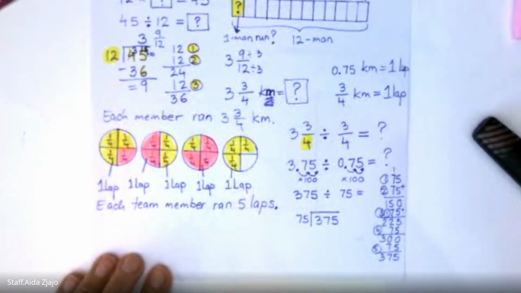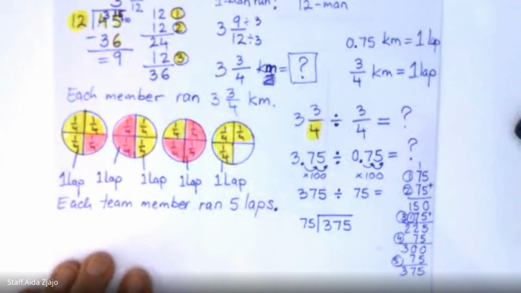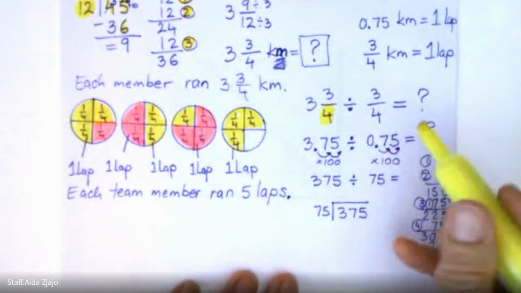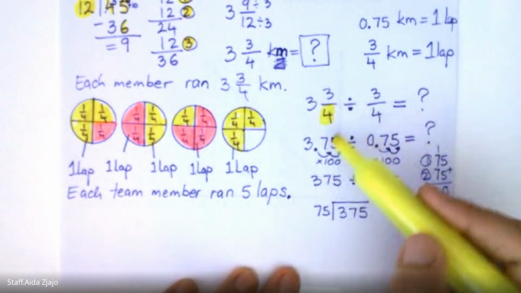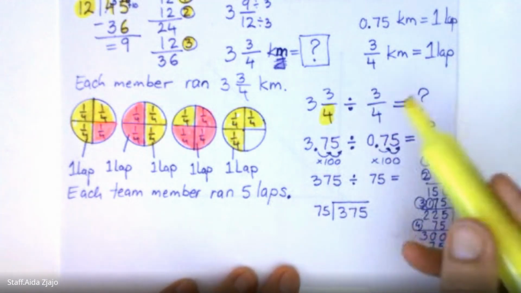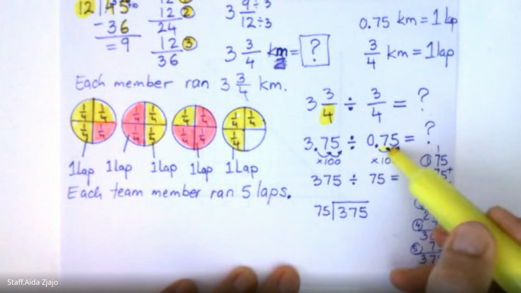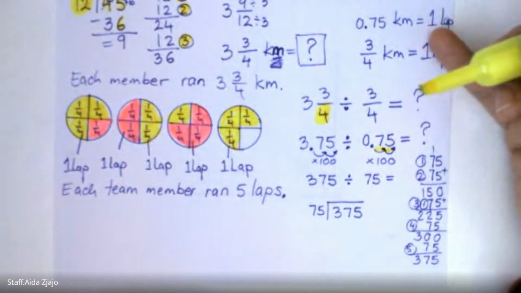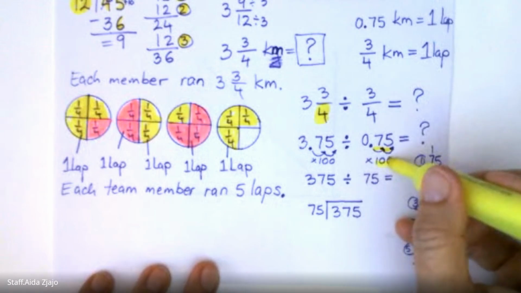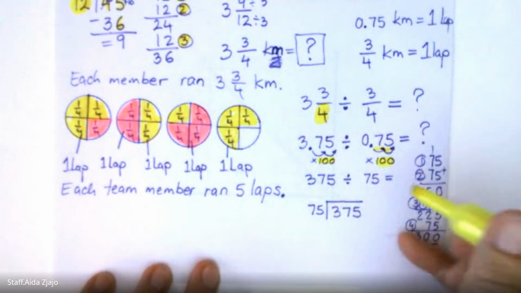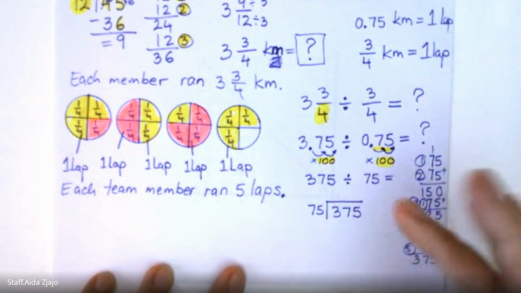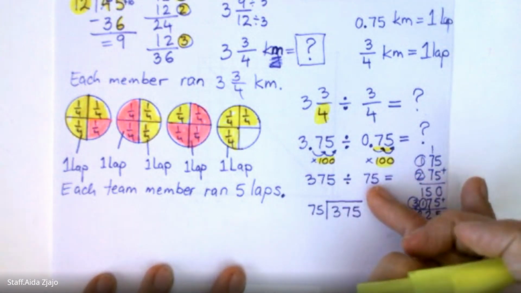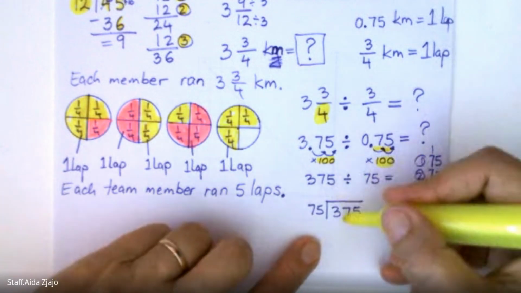Oh, sorry, I want to make it a little bit bigger for you so you can see. So we change the fraction into decimal, and then we use the rule that if I need to have the divisor to be a whole number, I need to multiply by 100 both sides. So then our equation becomes 375 divided into 75s. Then we think about how many times we can.